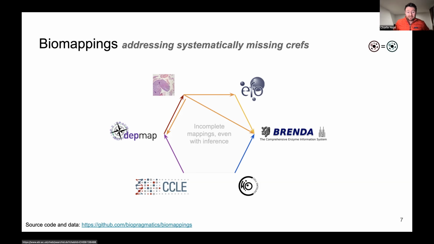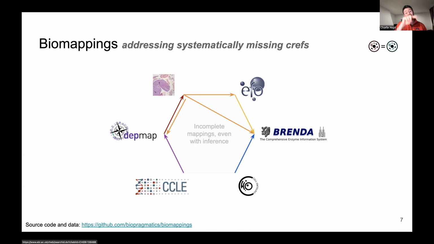So I'll give an example about cells, but this is also applicable for chemicals, for example. We had a very specific use case where we had data from the DepMap and the Cancer Cell Line Encyclopedia, which are these two on the bottom left. And we wanted to map them to Cell Ontology, but it turns out that none of these resources are directly mapping to Cell Ontology. And the arrows are showing which resources map to other resources.